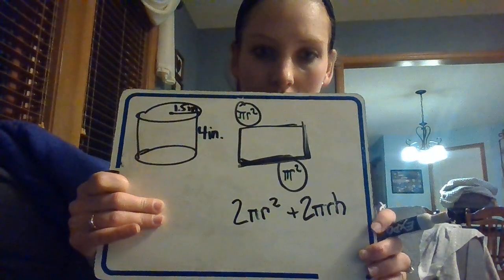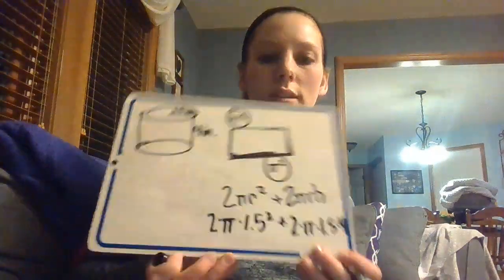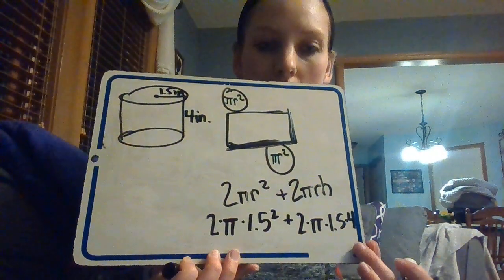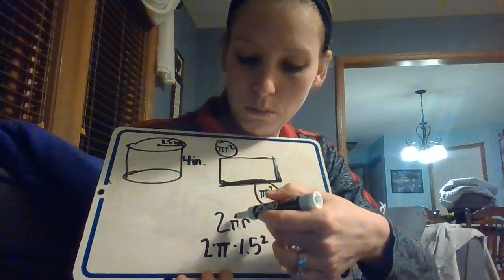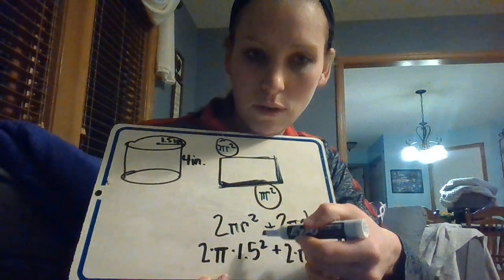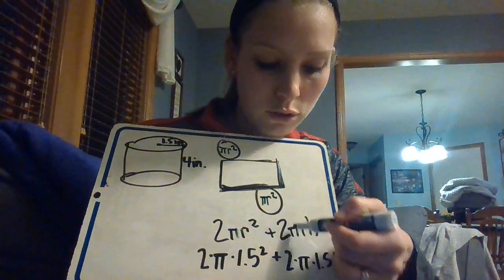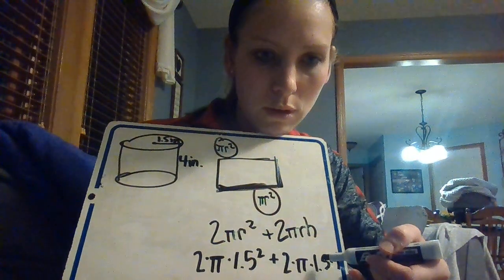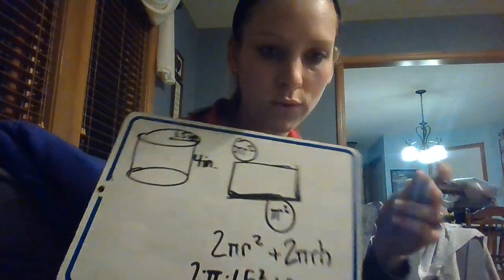I can plug in 2 times pi times my radius, 1.5 inches, squared, plus 2 times pi times my radius, 1.5 inches, times the height, which for today's purpose we called 4 inches. So 2 pi, and then r squared was 1.5 squared, plus 2 pi times radius 1.5, times my height 4.